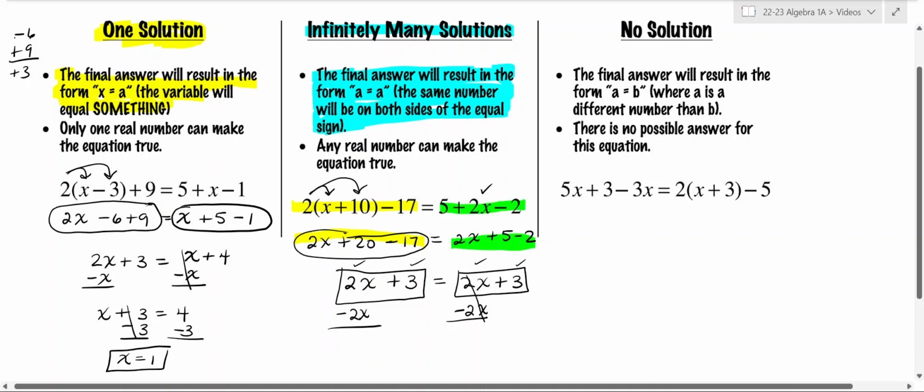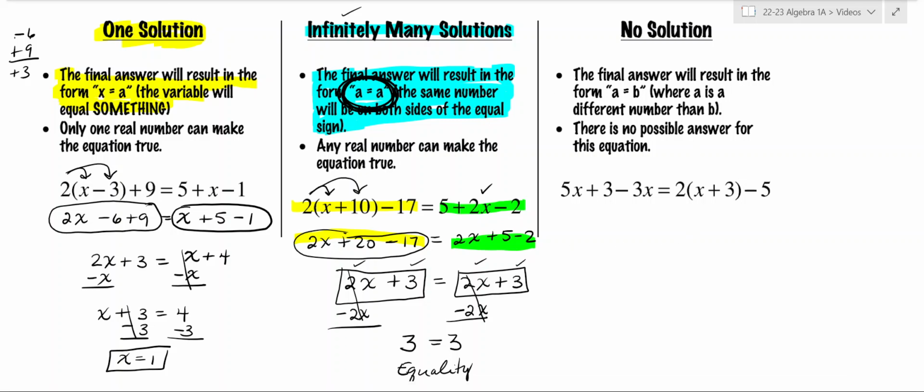They cancel here and they cancel there, and you're left with 3 equals 3. When you end up with a equals a, or 3 equals 3, or 5 equals 5, that's an equality. That's how you know that it's infinite solutions.